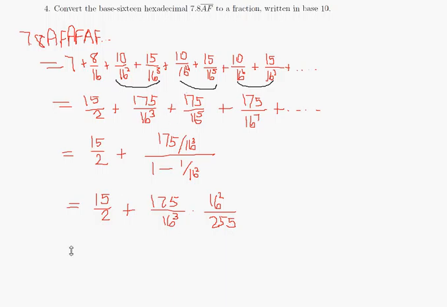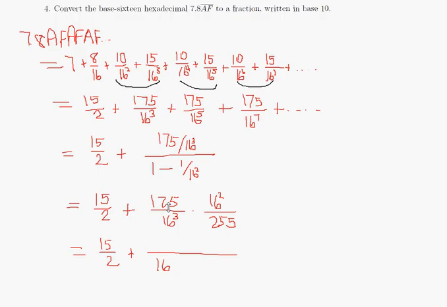Okay, so let's start simplifying this. We get 15 halves plus, okay, so we have 16 squared over 16 to the third, which is 16.